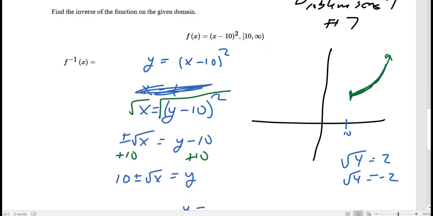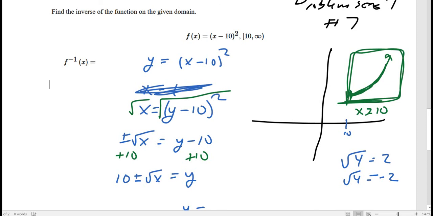Now here's the trick. If we have a plus or minus in there, that's not a function anymore, so we have to decide which one to use. If you look at the graph of our function over here, the x-coordinates for the original function are greater than or equal to 10.